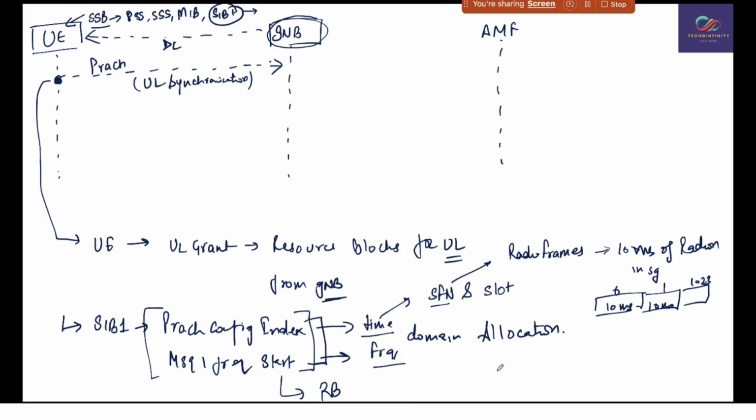In 4G, the subcarrier spacing was 1.25 kilohertz. So when we say 6 RBs, let us say this is your 6 resource blocks, meant for sending out the PRACH in the frequency domain.